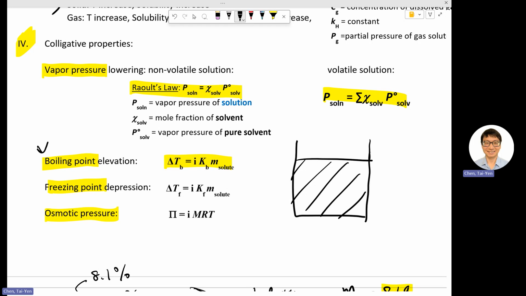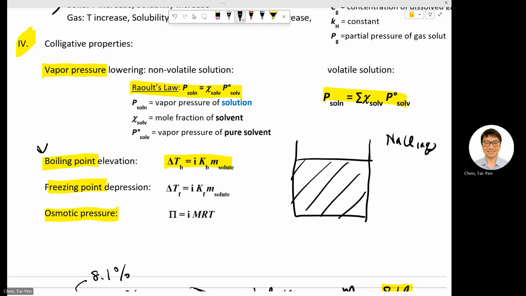Let's talk about the boiling point first. Let's say you have a solution. An example is sodium chloride aqueous solution. In this specific case, your solvent will be water. Solute will be sodium chloride. If you throw in a lot of sodium chloride, what people find out is the boiling point is going to increase. Always increase.